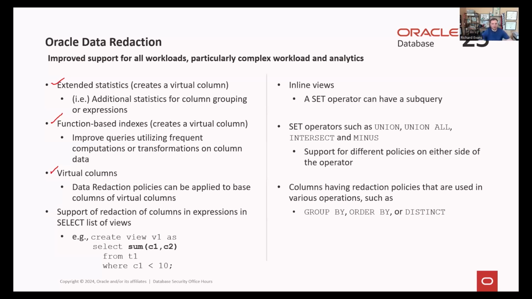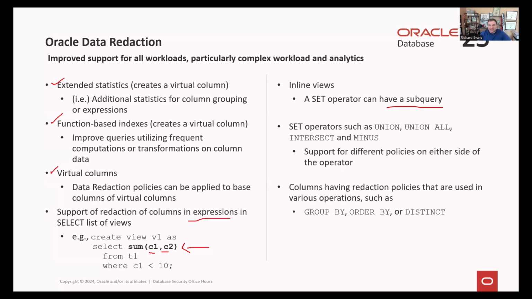We also support call expressions in select. So if you see here, we've got this sum here. We can support redaction policies on these columns here, C1 and C2 in 23.6. Inline views, a set operator can have a subquery. We can support that.